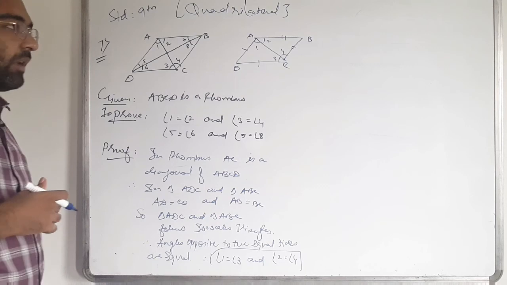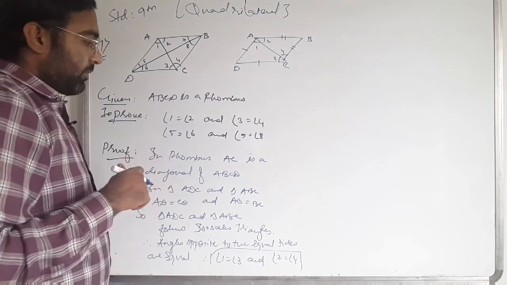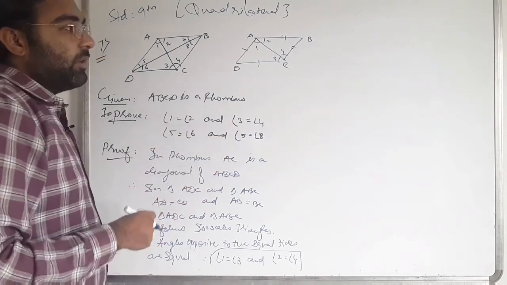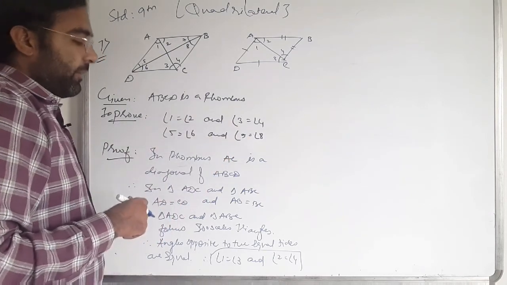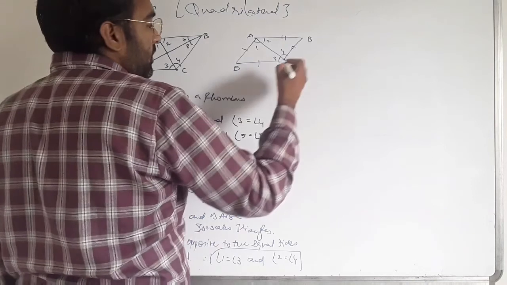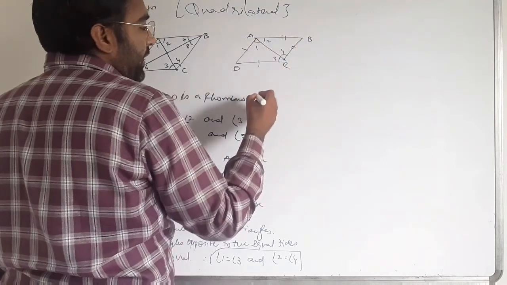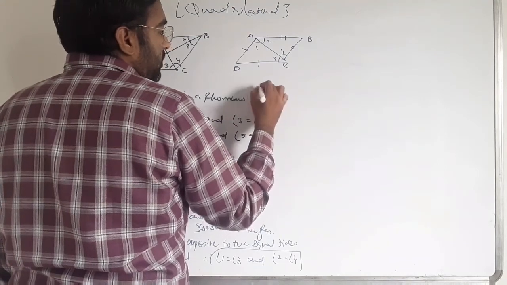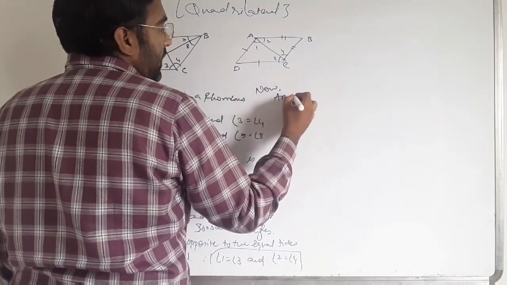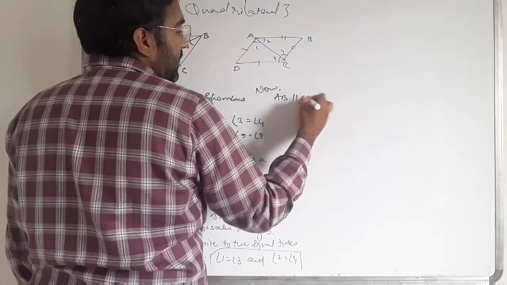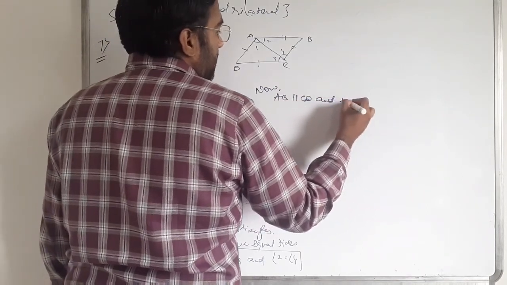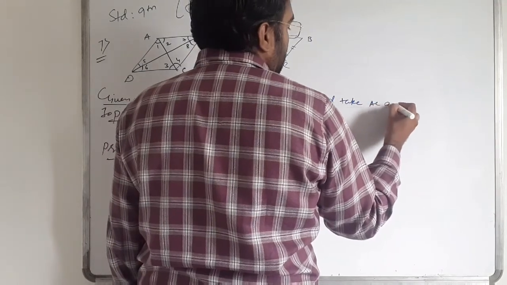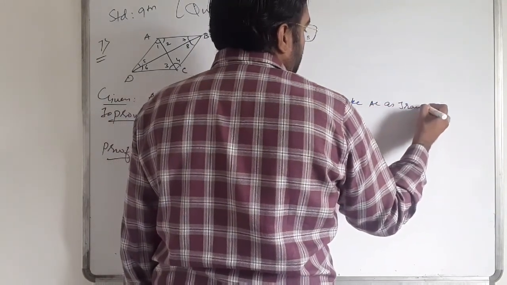But I need to prove that 1 is equal to 2 and 3 is equal to 4. So for that we also have to write that AB is parallel to CD, and take AC as transversal.